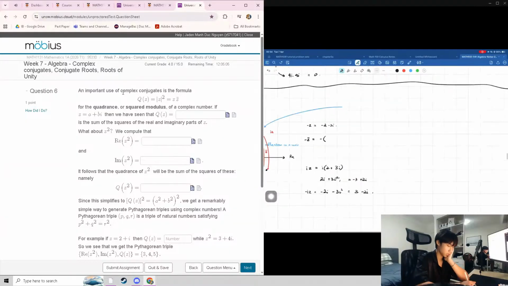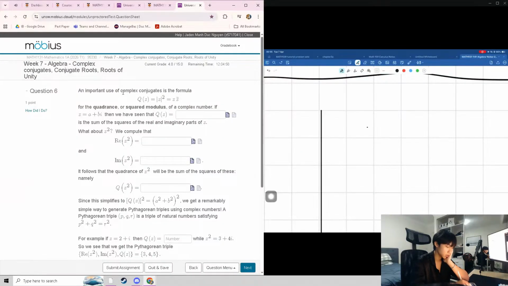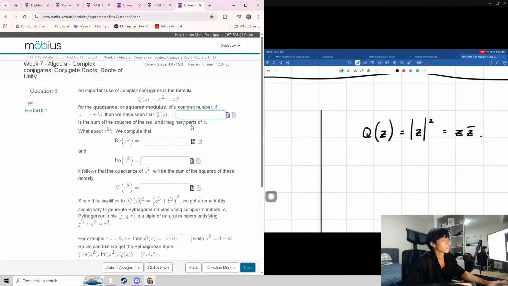An important use of complex conjugates is that I would use it a lot. a squared. Absolute value a squared.